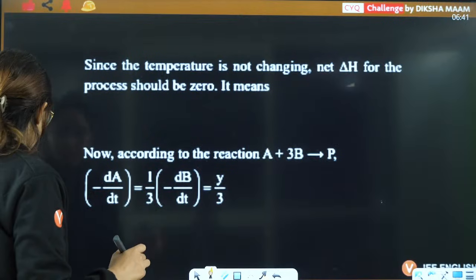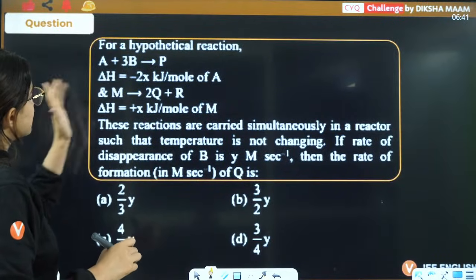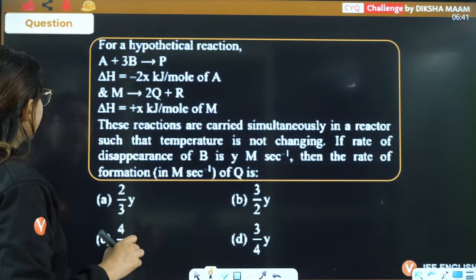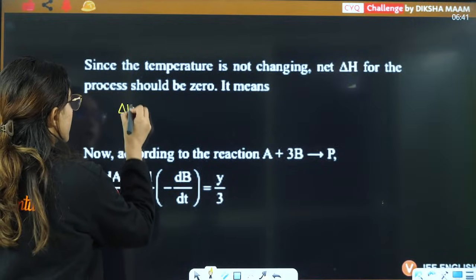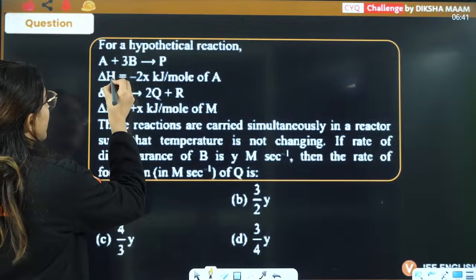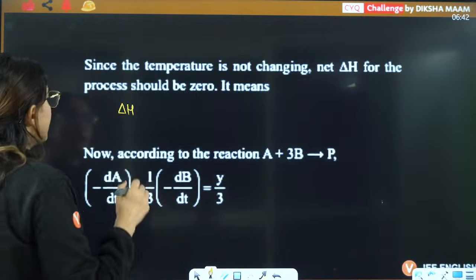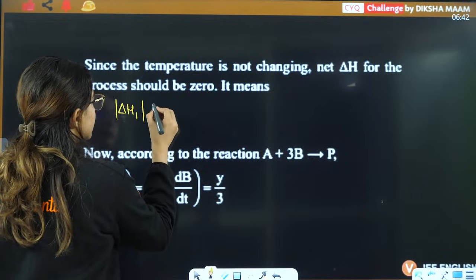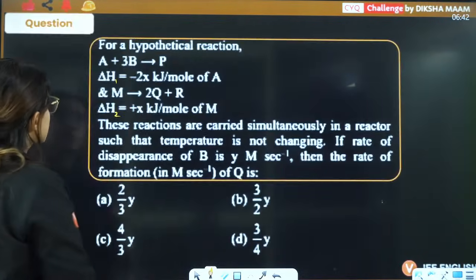What do you have to write here? Just write the value of E, and this is on the basis of M here, right? So you can write it like this. Let's say this is delta H1, let's say this is delta H2, because two reactions are given. Delta H1 mod, and you write it here. This is going to be, what is the disappearance here?